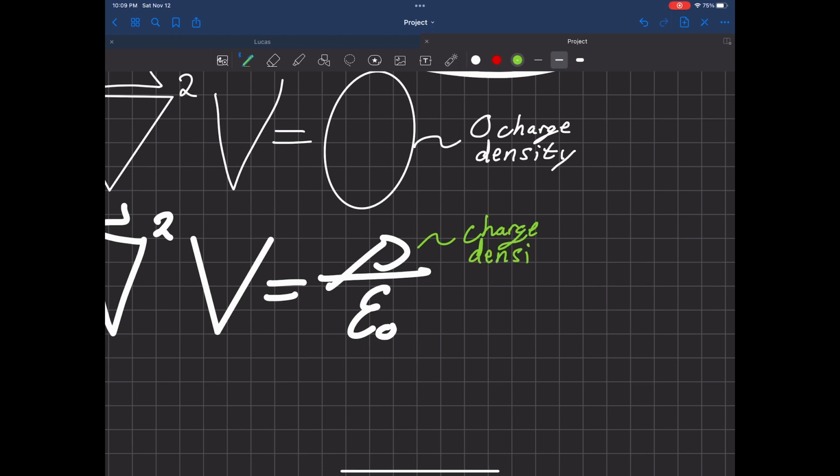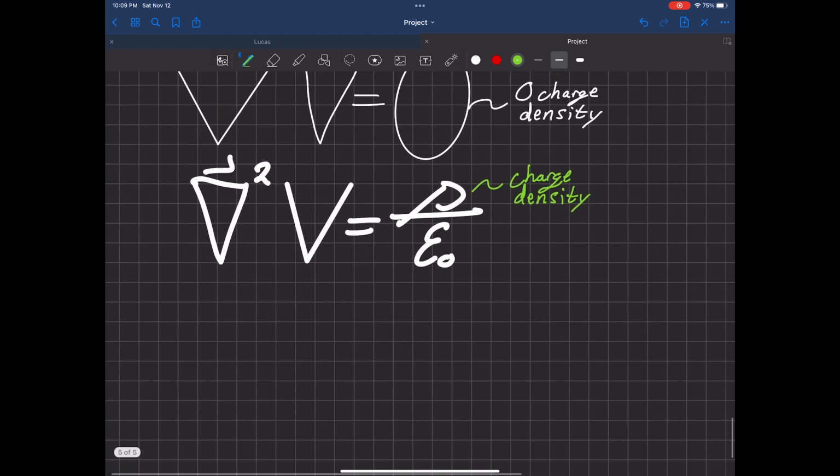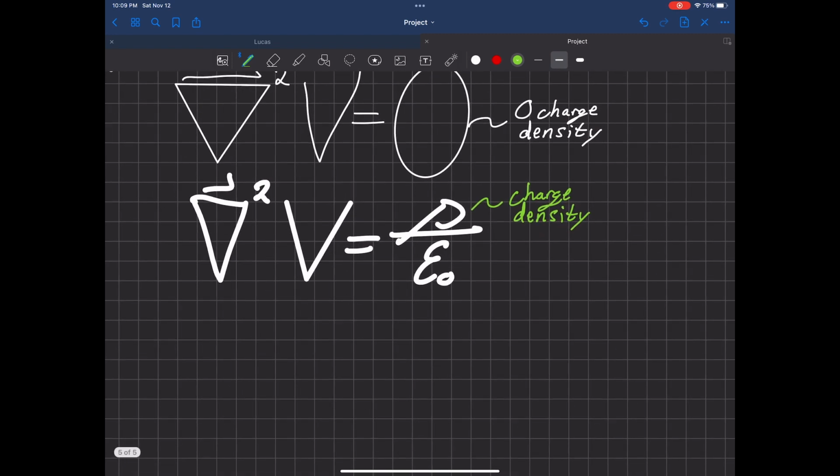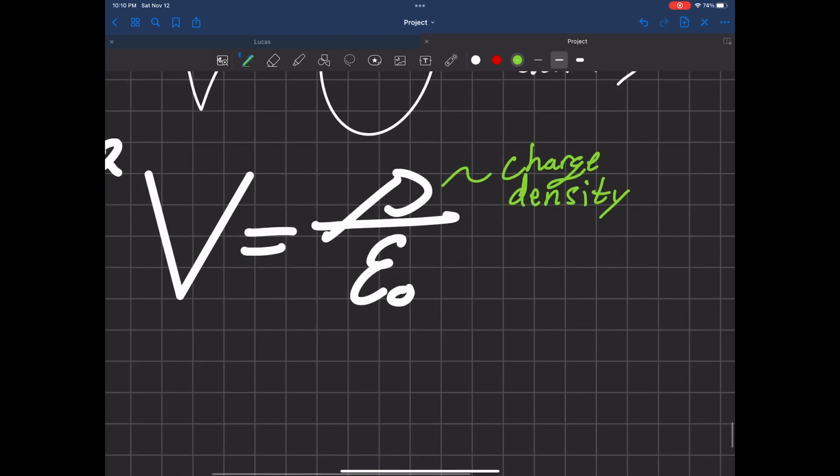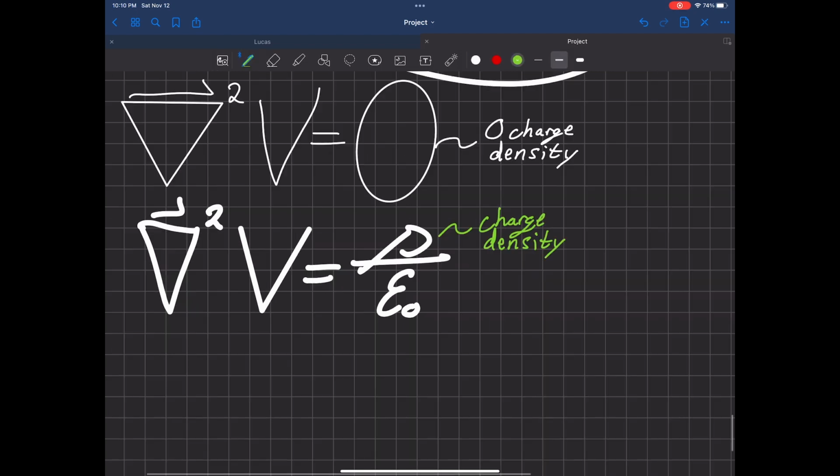Right? So what this is saying is that you have this gradient squared on this potential. If you ever want to find the potential of a system, you would need to know the charge densities and the charges throughout that system, and then obviously epsilon naught is a constant.